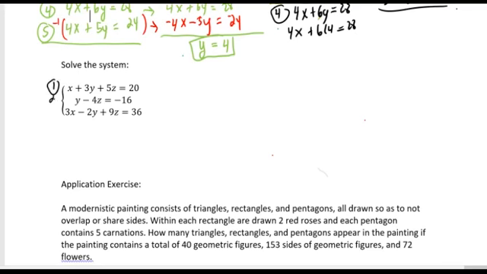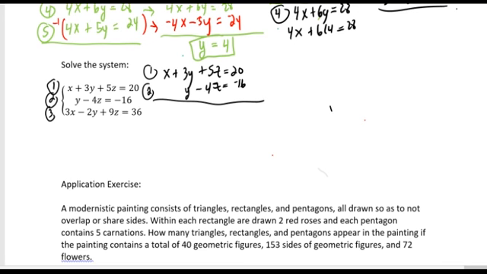Call this equation 1, 2, and 3. So I'm going to start with equation number 1 and equation number 2. And I would like to get rid of the y's.